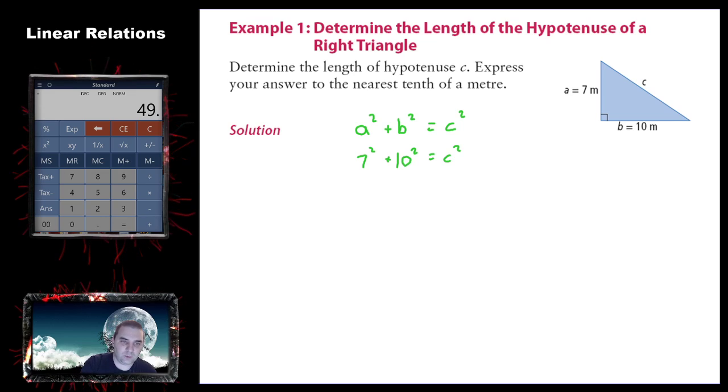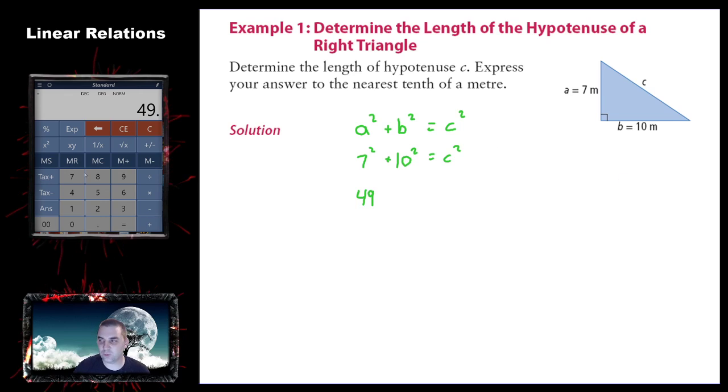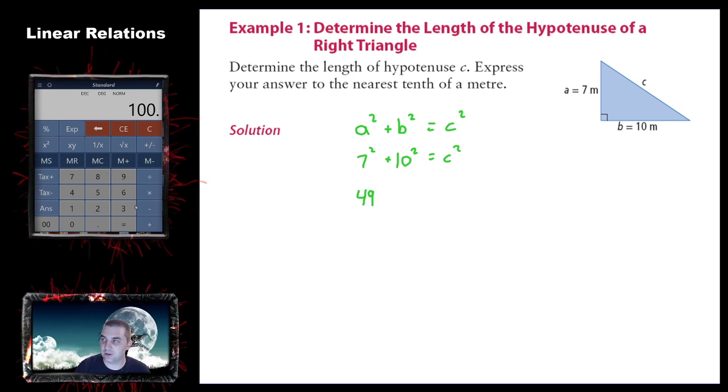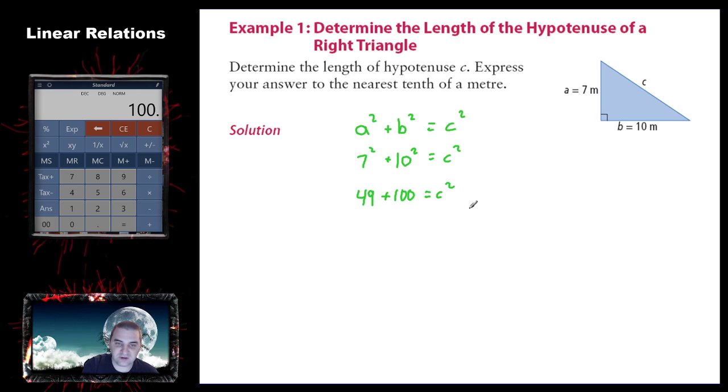So we can write 49 instead of 7 squared. 10 squared, if you don't believe me that 10 squared is 100, there it is for you here. So 49 plus 100 is equal to C squared.